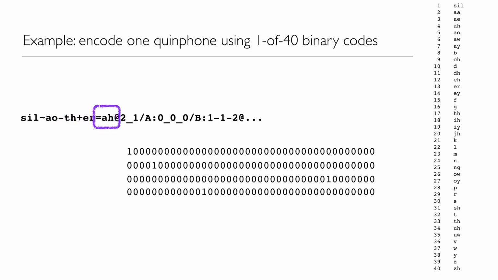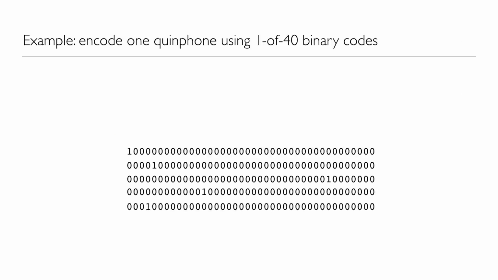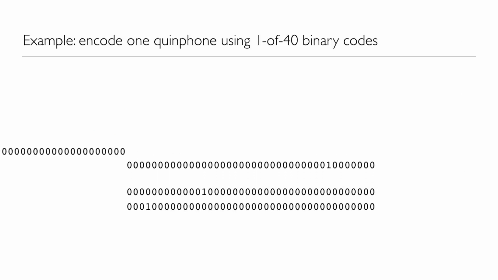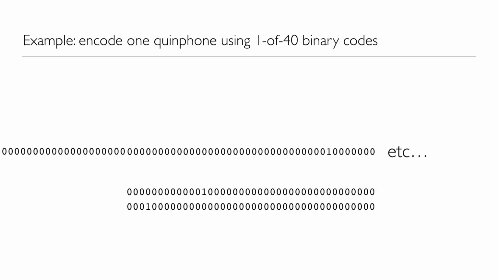So we are going to stack them all into a big vector. Here I have shown only 3 of the quinphone identity, but there are several other features at the suprasegmental level. Some of them are numerical as well.